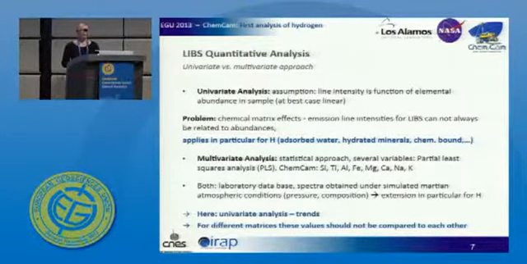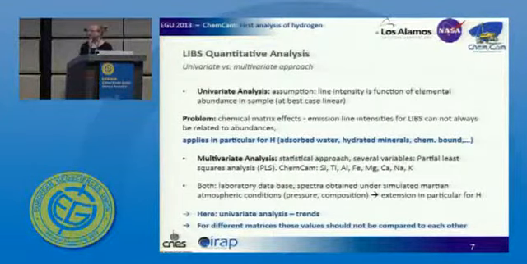And both approaches rely on a laboratory database. So we obtained the spectra under simulated Martian atmospheric conditions, which is the pressure and the composition. And this database has to be extended, in particular, to make quantitative analysis for the hydrogen. So that's what we have to do.